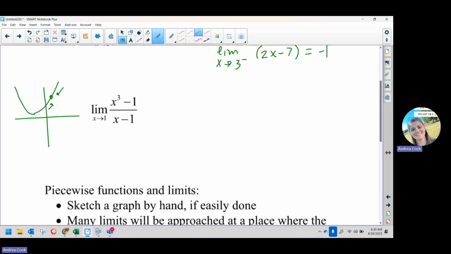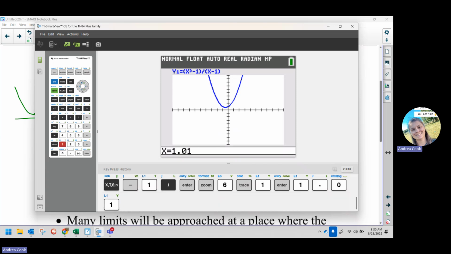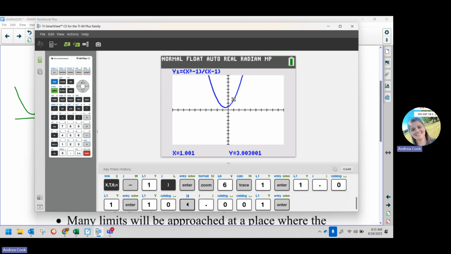So how can I figure out what that number is? Back on my calculator, because I don't have an answer for 1, I'm going to pick something a little bit bigger than 1, like 1.01. And what number is that close to? 3. If I do 1.001, again, it's close to 3.